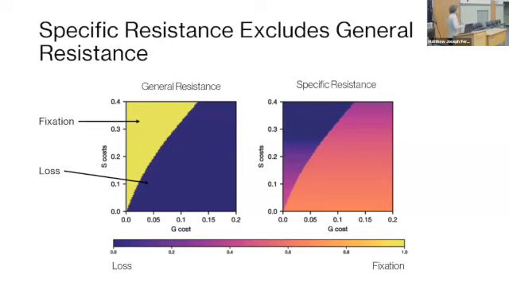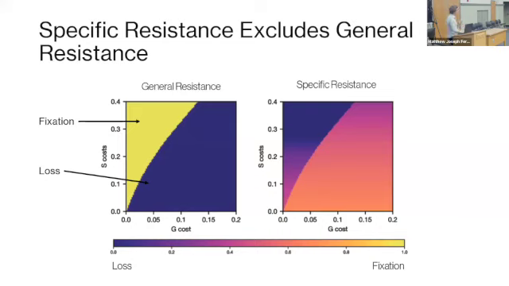But notably, there is almost no overlap between the two regions where we're maintaining these forms of resistance. Practically no parameters allowed for the coexistence of general and specific resistance. So this means that we could potentially be exacerbating the risks of foreign pathogen spillover when specific resistance can invade.